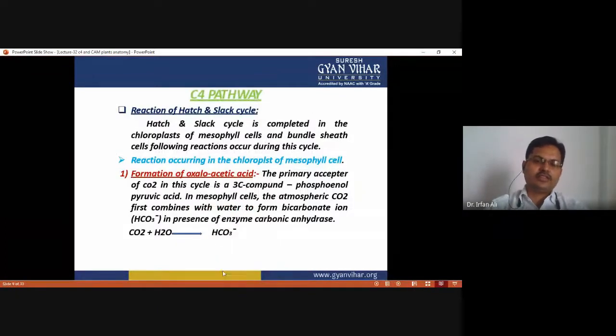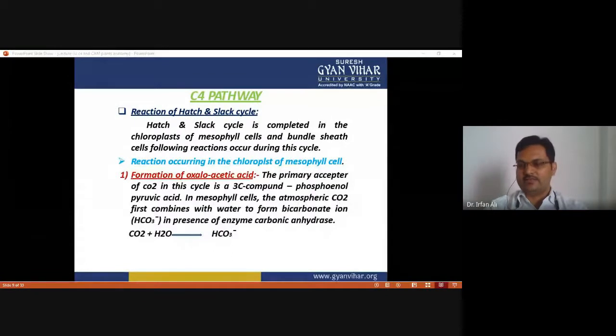Now we have to discuss the C4 pathway or Hatch and Slack pathway in detail. Here are the reactions of the Hatch and Slack pathway. The cycle is completed in the chloroplasts of mesophyll cells and bundle sheath cells. First, the reactions occurring in the chloroplast of mesophyll cells: the first reaction is carbon dioxide fixation, carried out in the mesophyll cells in the presence of phosphoenol pyruvate carboxylase (PEP carboxylase).